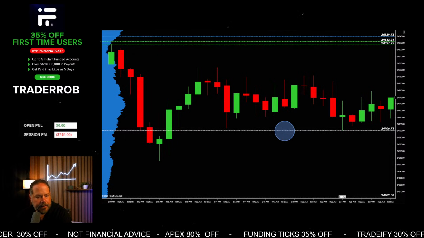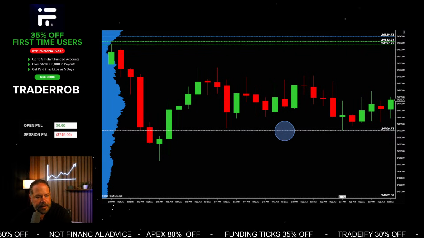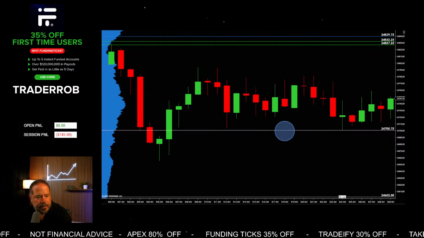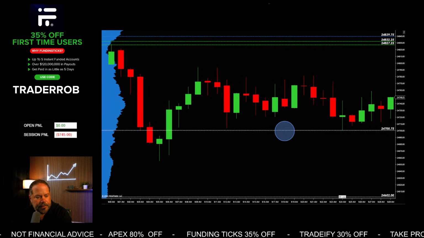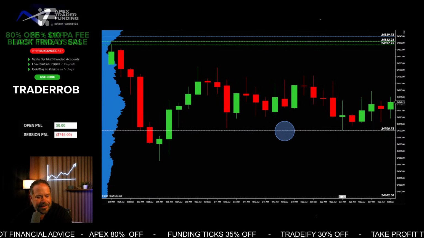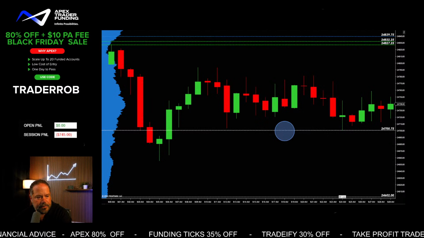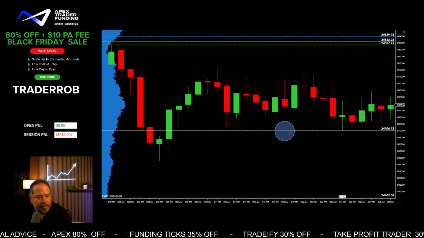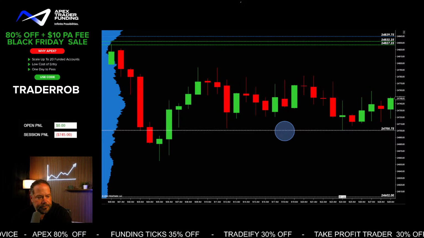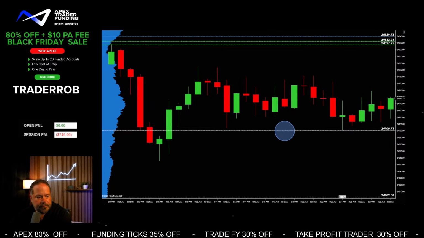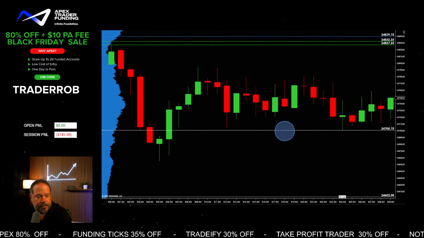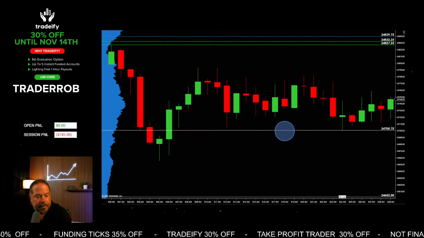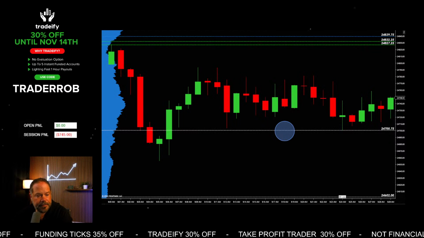So on the 100K, the one they're running for $10, it's a profit goal of 6,000. Trailing threshold is 3,000, so that's kind of tight. It's a $10 PA fee on that. That's not bad at all.